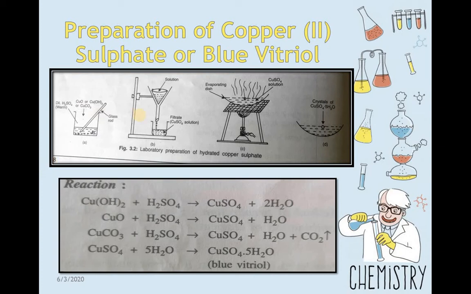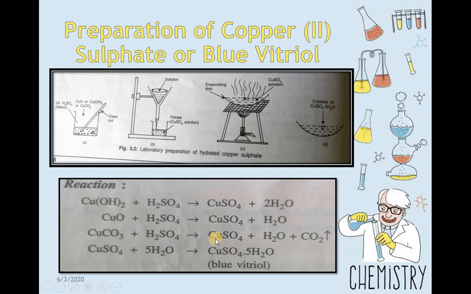Filter it hot and collect the filtrate in a china dish. Evaporate it by heating to the point of crystallization. Then cool it. You will get the bright blue crystals of copper 2 sulfate pentahydrate, that is CuSO4.5H2O, and then dry the crystals. This CuSO4.5H2O is popularly known as blue vitriol.